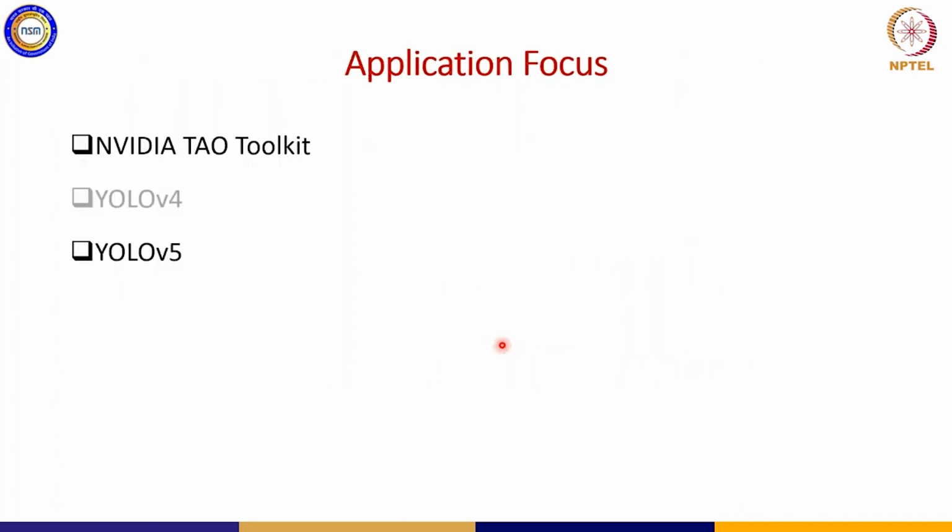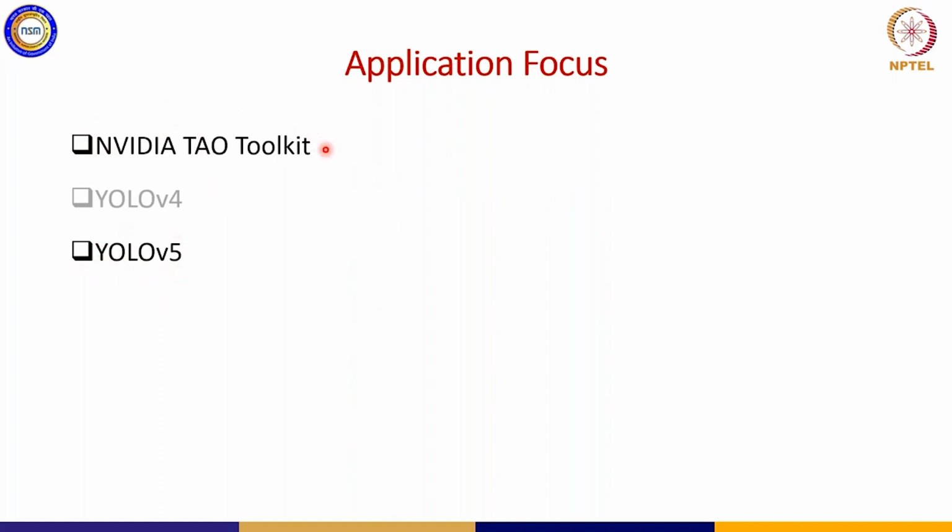So our application focus for today, so as not to waste time, will be NVIDIA TAO Toolkit. There's also YOLOv4, there's YOLOv5. We might not be able to cover YOLOv4, but I will try as much as possible to cover YOLOv5. With YOLOv5, we want to cover computer vision here.